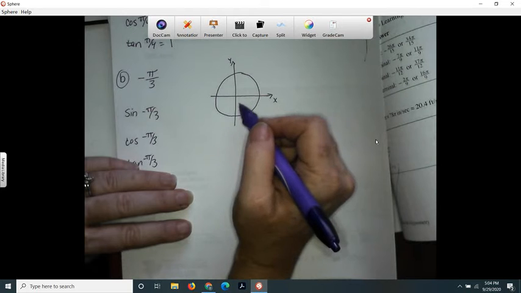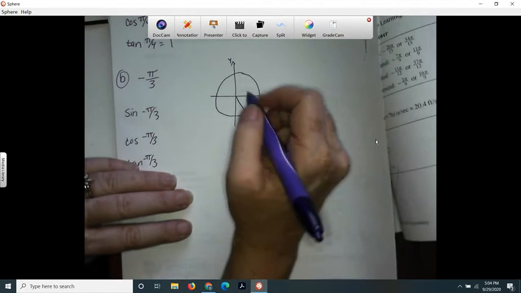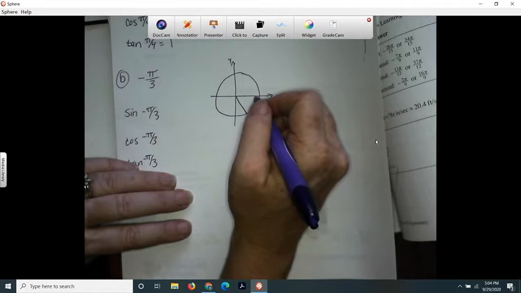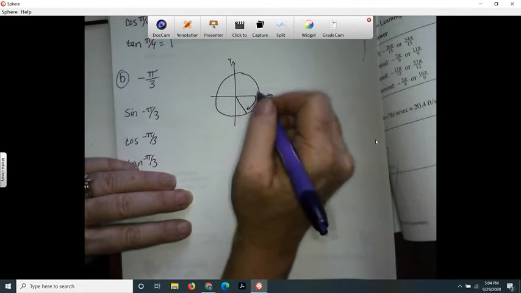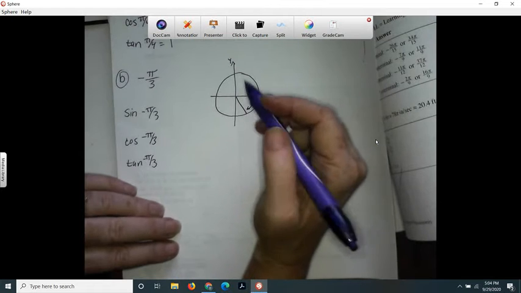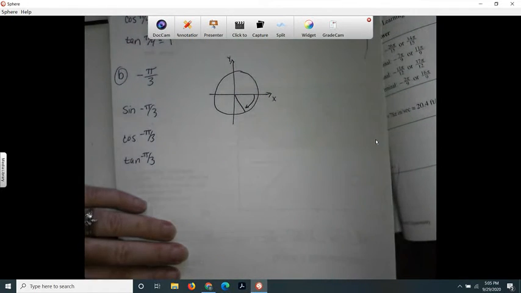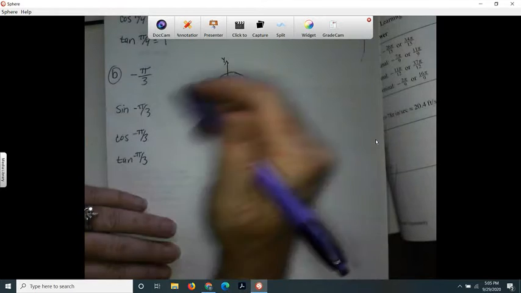So I'm just going to estimate it to be right in here somewhere. And I'm showing my arrow showing that I'm opening this way. And so pi over 3 turns out to be 60 degrees. And so it's like the 30, 60, 90 triangle.